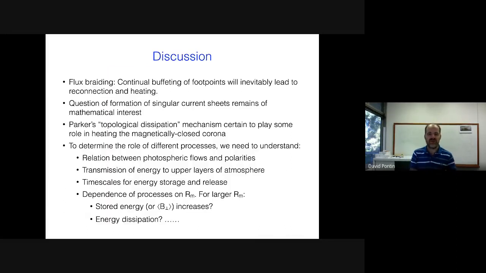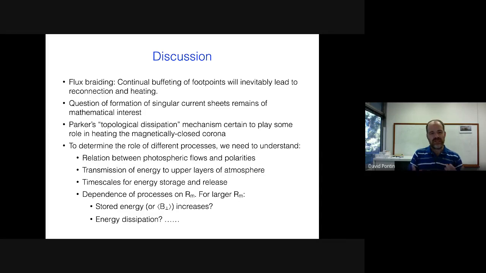All right, so to summarize, if there's one take-home message from this talk, hopefully it's that the continual buffeting of the foot points by the photospheric flows has to inevitably lead to reconnection and heating. Whether there's really evolution towards a state with singular current sheets remains of mathematical interest.